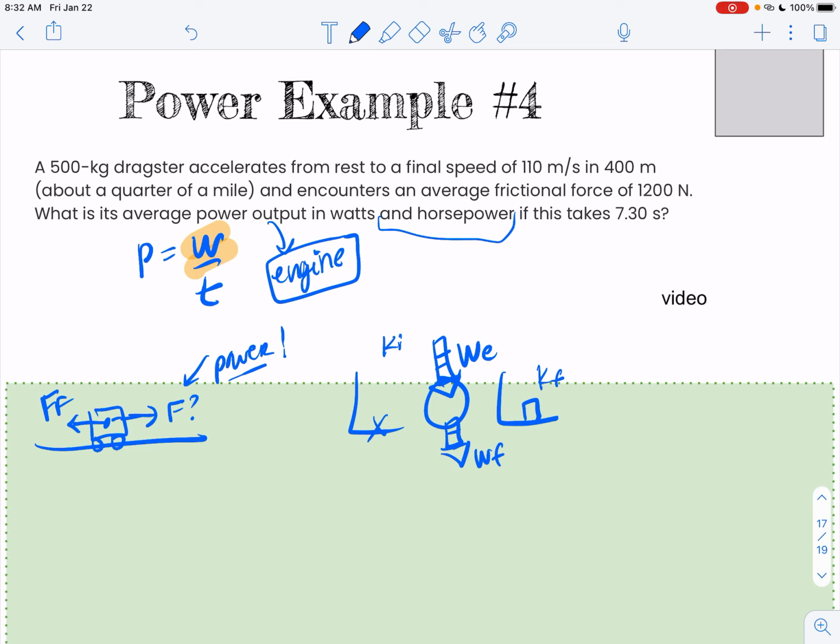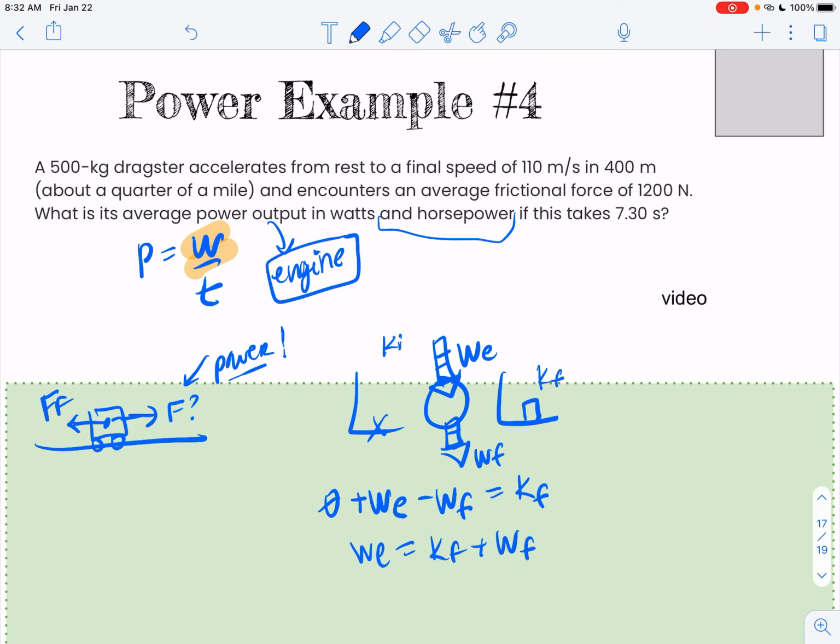So 0 plus the work done into the system by the engine minus the work done by friction is going to be the kinetic energy. The work done by the engine is the final kinetic energy plus the work done by friction.